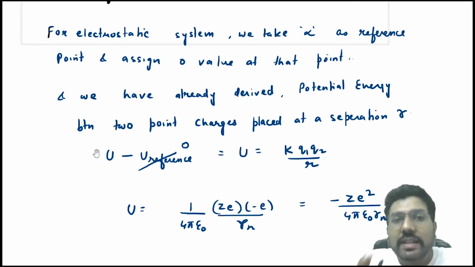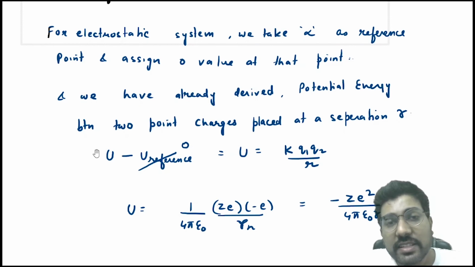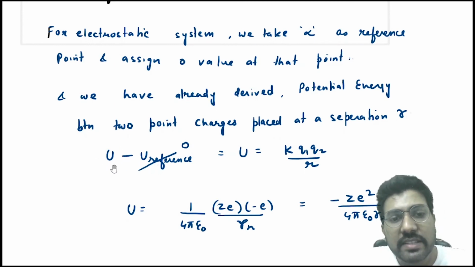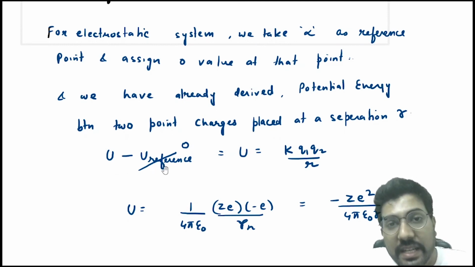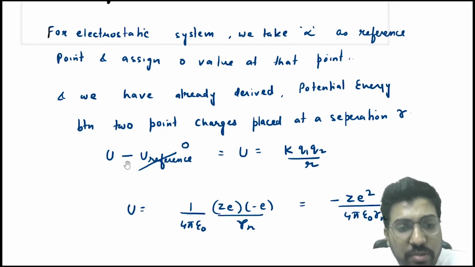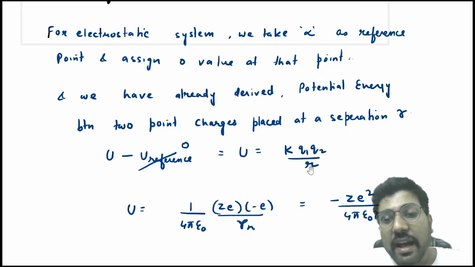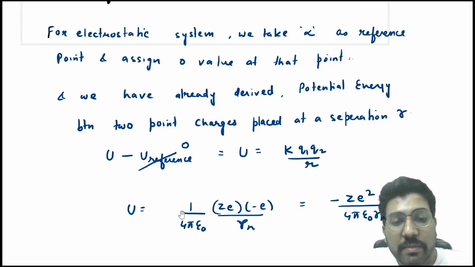For an electrostatic system, we have already derived the potential energy between 2 point charges when we studied electrostatics, right? Again I am writing it as a difference first, because potential energy is always defined as a difference. So U minus U infinity, where infinity is the reference point, is equal to K Q1 Q2 by R. But U infinity is zero, that is why I have written just U. So U is equal to K Q1 Q2 by R. Now, K is 1 by 4 pi epsilon naught, Q1 is Ze, Q2 is minus e, and R is Rn.